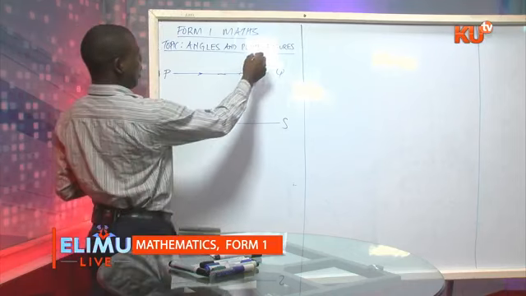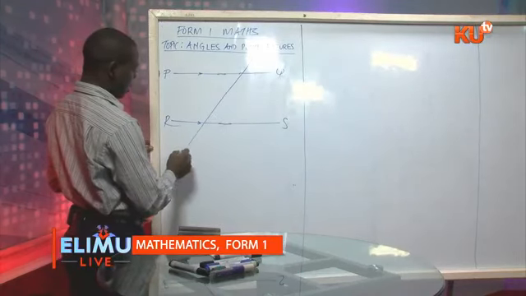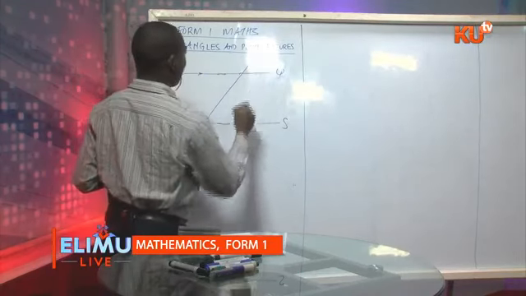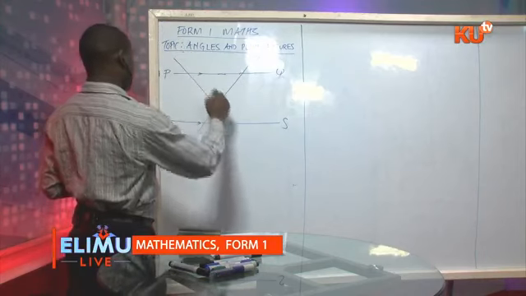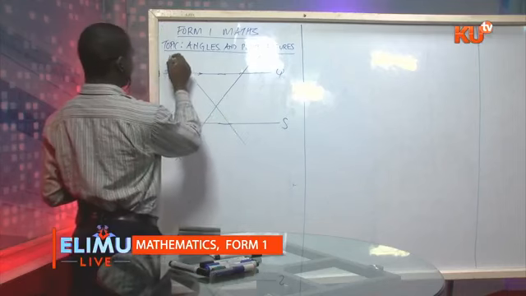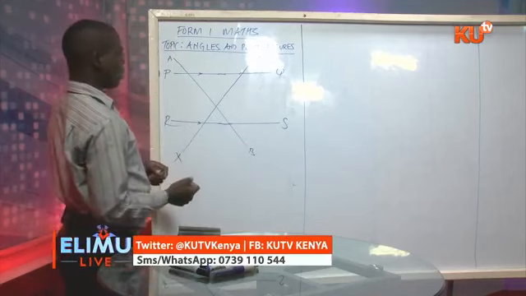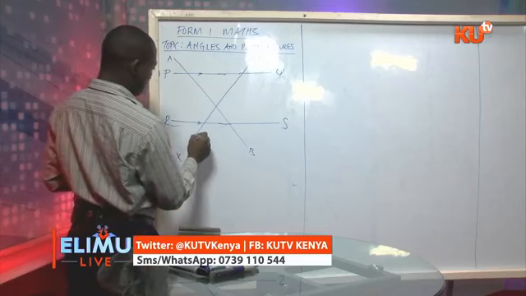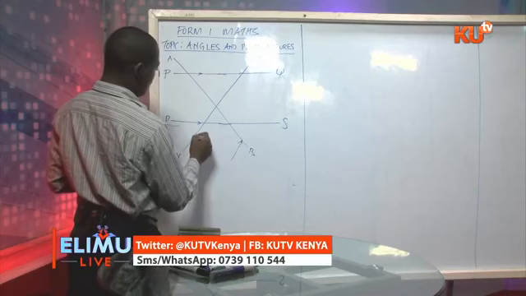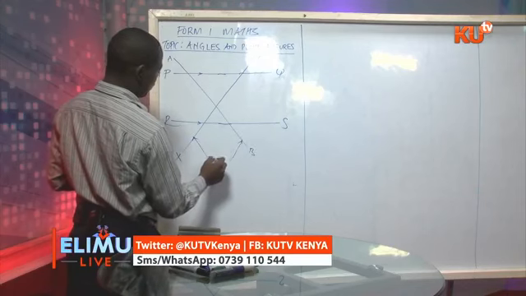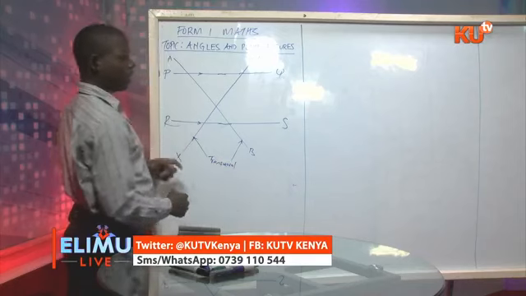Now, when I draw another line, let's say this is the line XY, or I draw another line at this point, let's call this line AB. The line XY and the line AB are what we call transversals.